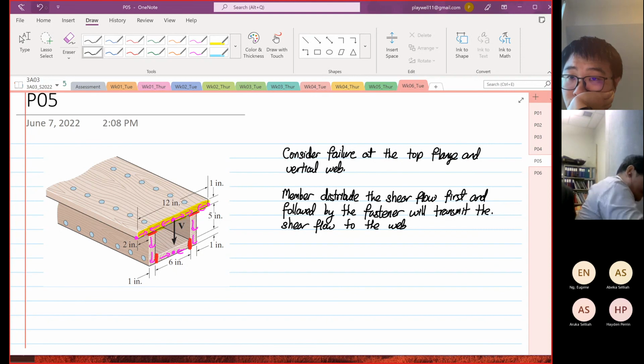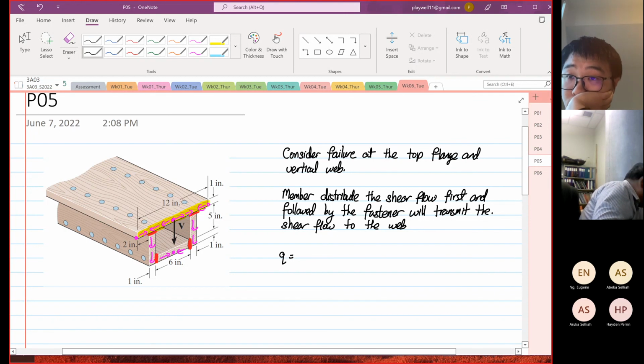Okay, so before we can go on, we know that q is equal to the resistance, which is what? The resistance given to us is 50 pounds, divided by the spacing, and then we have to include a 2 down here.